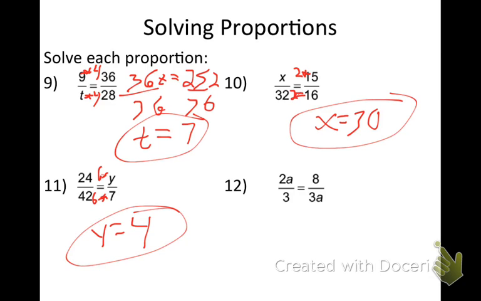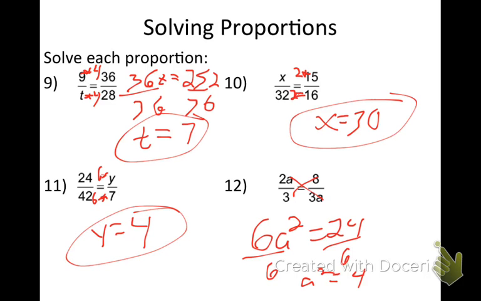What about 12? I can't use equivalent fractions here because there's multiple variables. So I have to use cross products. What's 2a times 3a? 6a squared. What's 8 times 3? 24. And then I'd solve for a. Divide by 6. I get a squared equals 4. And then I have to take the square root.